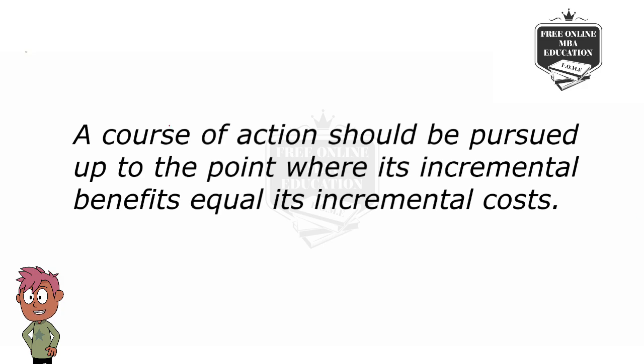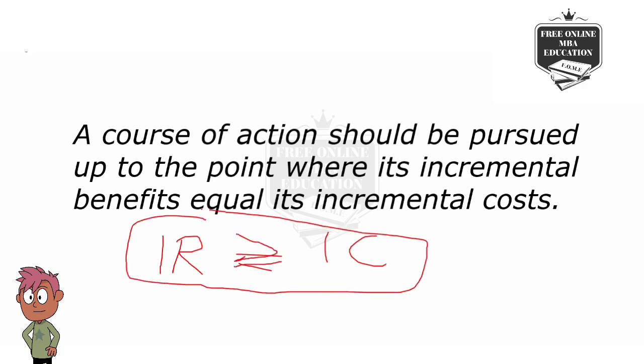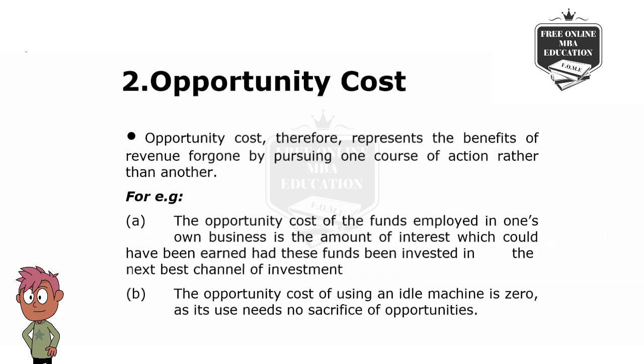Only up to the extent where your incremental revenue is equal to the incremental cost, right? So it should either be more than or equal to. So as long as your IR is greater than or equal to IC, you can take the decision of going ahead. Otherwise, don't go ahead. Okay? That's how you use this concept. Now, moving to opportunity cost.